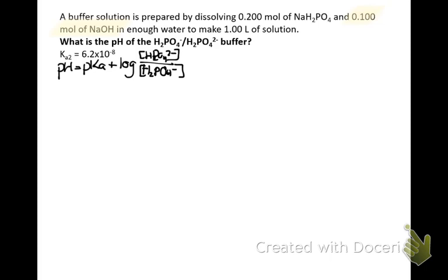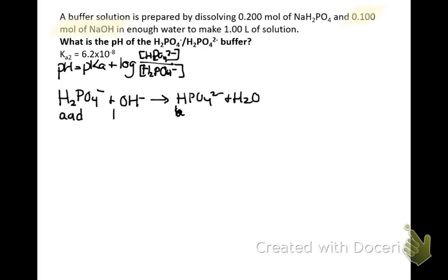To find HPO4 2 minus and H2PO4 minus, we need to think about the neutralization reaction between this acid and strong base, which becomes HPO4 2 minus plus water.